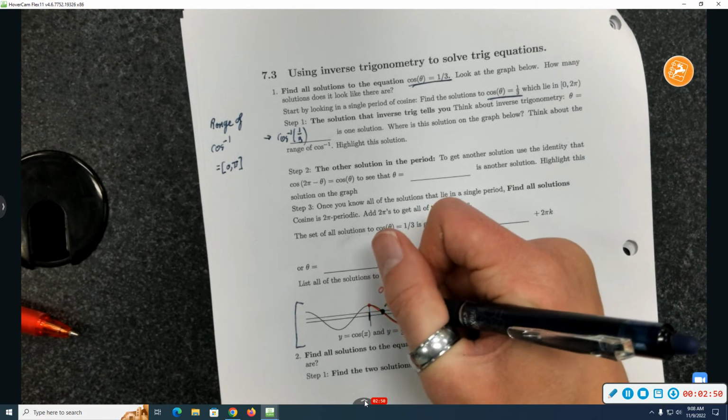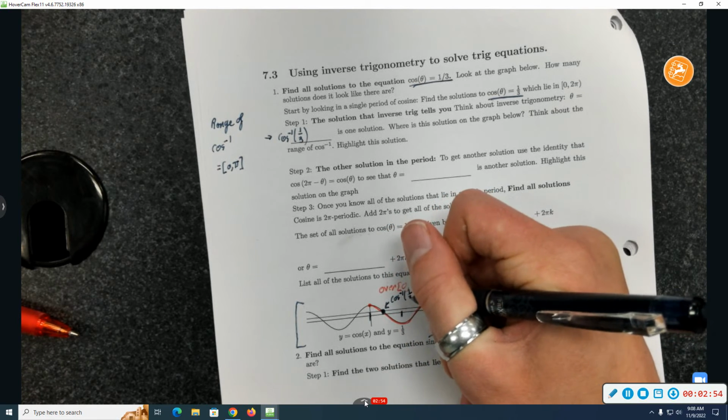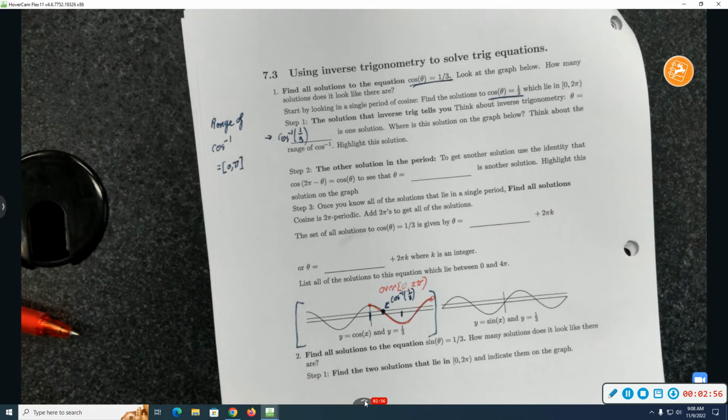It looks like here is cosine inverse of 1 over 3. And if you wanted a decimal approximation for that, you could get one. Given that we're walking between 0 and 2 pi instead of 0 and 360 degrees, do you think we're in radian mode or degree mode right now? Radian. Whenever there's not a reason to be in degree mode, we'll be in radian mode. All right, so there's one solution.